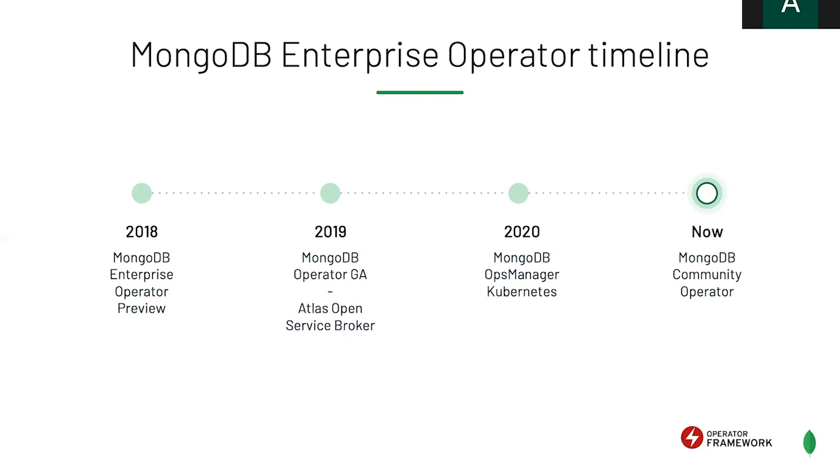And this week, we announced MongoDB Community Operator. This is a new project, which is a fully open source Apache project, where we bring all the experience that we gained building the enterprise operator back into the community, which will serve as a foundation for our operators, whether community or enterprise.